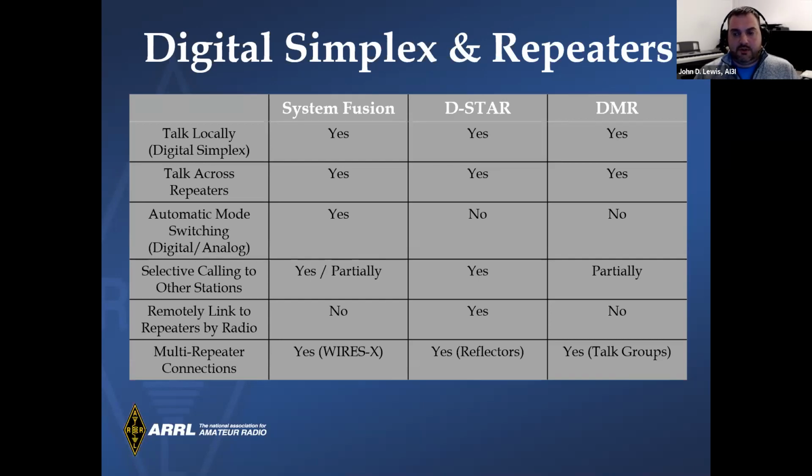Automatic mode switching. This is a big seller for a lot of people, and understandably so. Yaesu Fusion radios will switch from analog to digital if they detect a digital signal. In most cases, there's a button to turn that automatic feature on and off. D-Star and DMR will not do that. You have to manually pick whether you want to be in digital or analog mode.